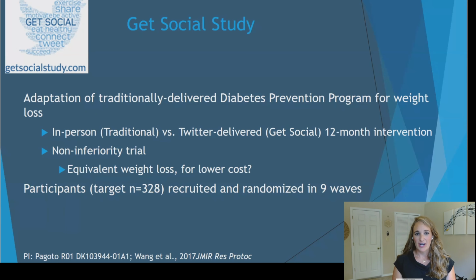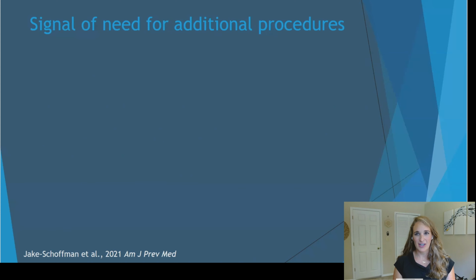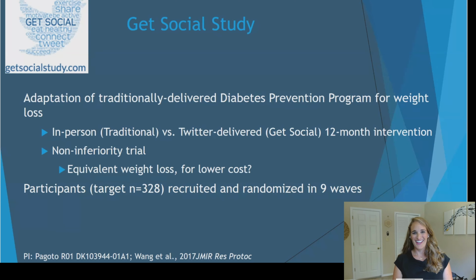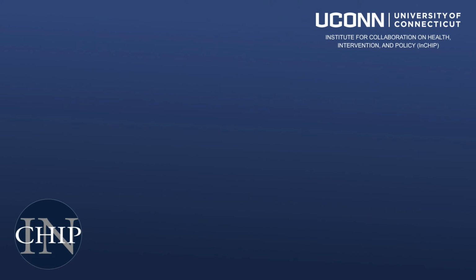The target was 328 participants. In this particular trial, they were recruited and randomized within waves, and so we were able to use the waves, the structure, to implement a new procedure. I'll talk about that in a second.